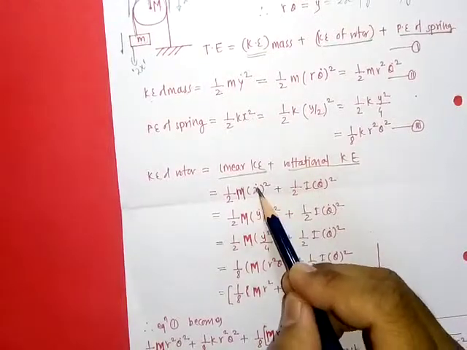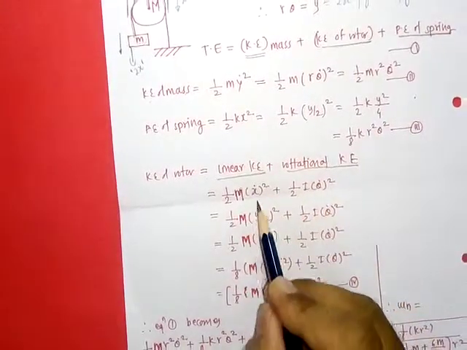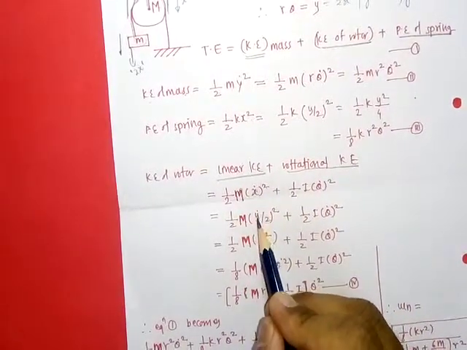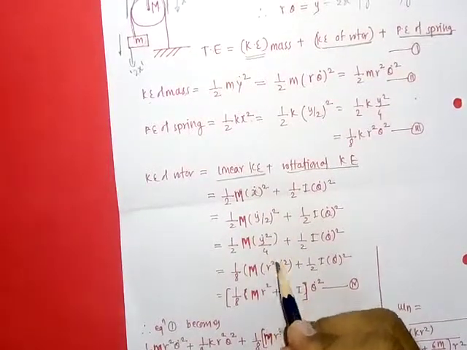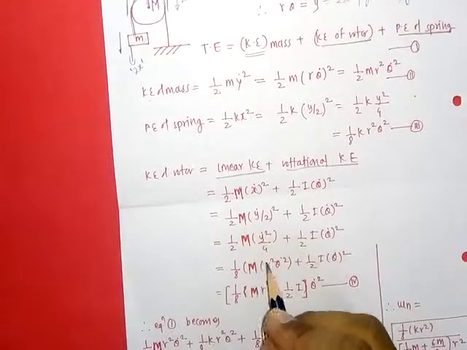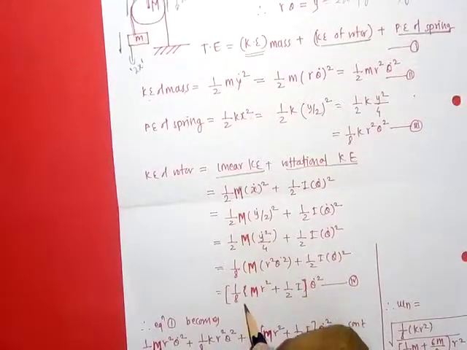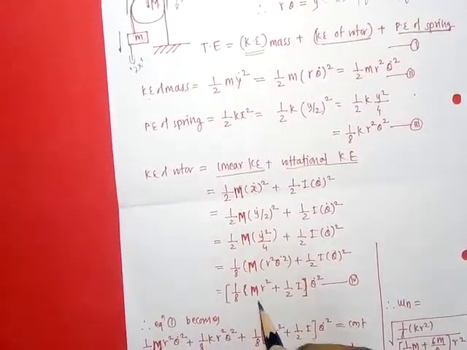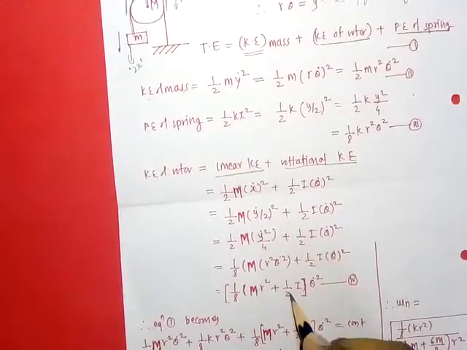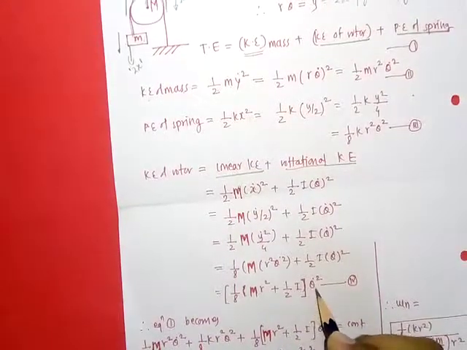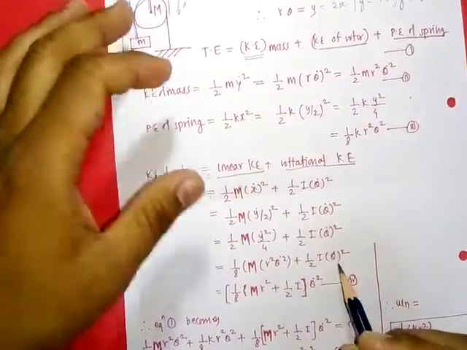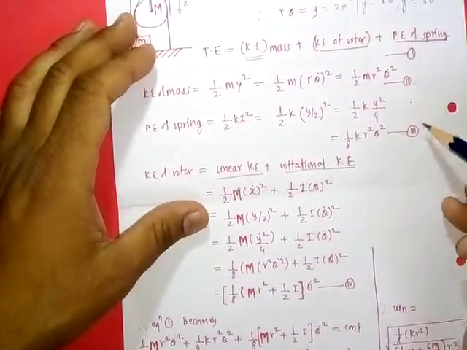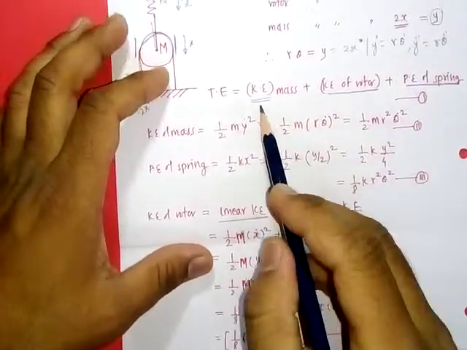So converting this x into theta, x dot is half of y dot, then squaring and putting in the corresponding values, finally we get (1/8 capital M r square plus 1/2 I) theta dot square. This is the fourth equation. Then put these values, equations 2, 3 and 4, in equation 1.